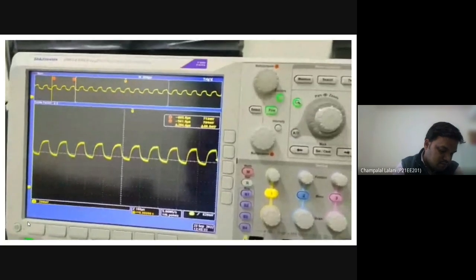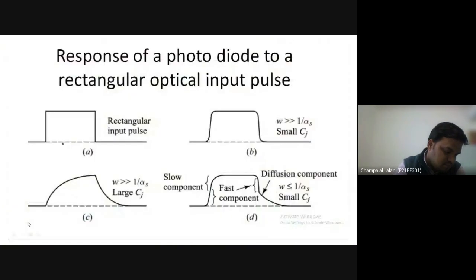Let's understand this in more detail. As we are giving a rectangular pulse at the input, we should also obtain a rectangular pulse at the output if the width of the depletion region is large and the capacitance is small. But if the capacitance is large, then the RC time constant will also be large, and this large RC time constant will lead to slow convergence at the output.